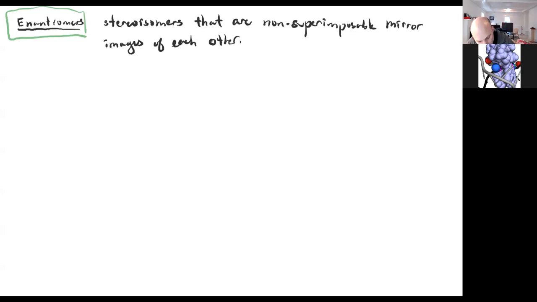And so, for example, if we go back to our cis-2-butene and I draw a mirror plane, right? Reflect through that plane. Of course, it's obvious I can superimpose them. So those are not enantiomers. They're the same molecule, okay?